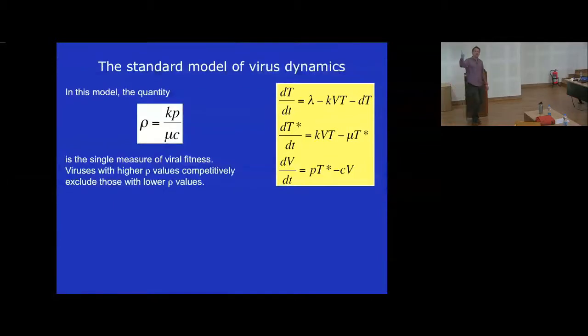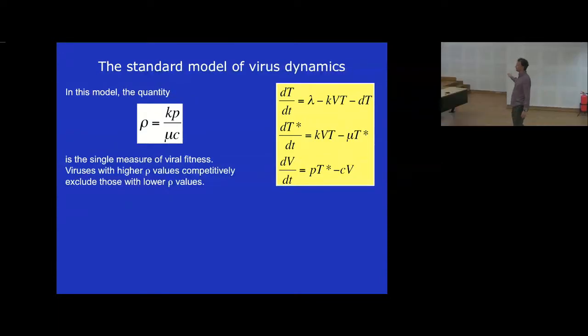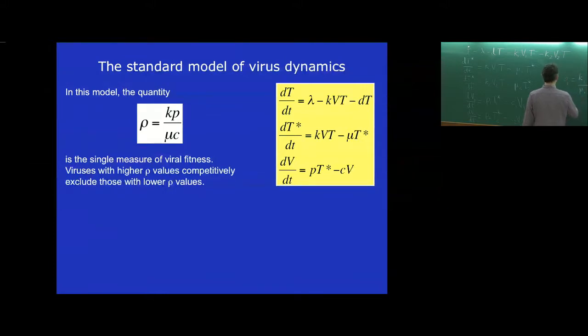The quantity I call rho here is not the same rho from yesterday. It's a different rho. This quantity rho, which is equal to K P over mu C, determines who wins the competition. If we write down rho 1 equals K1 P1 over mu1 C1, and rho 2 equals K2 P2 over mu2 C2, then whichever one of these is bigger wins.